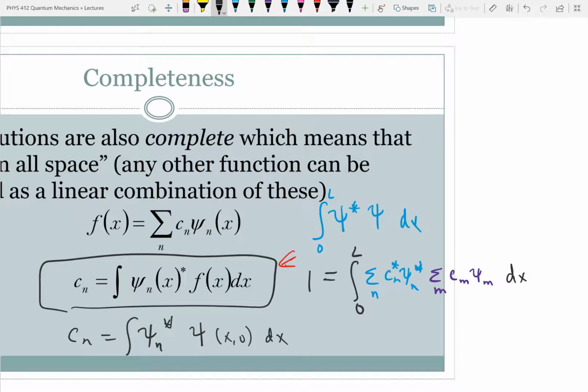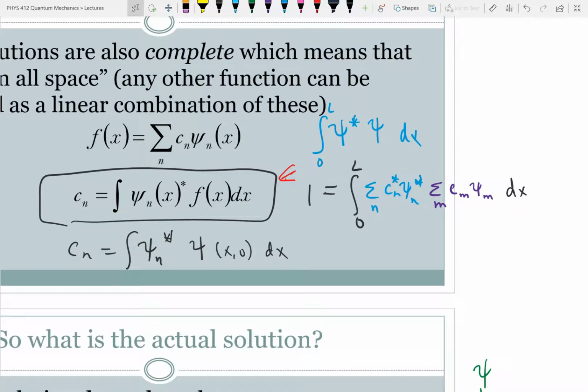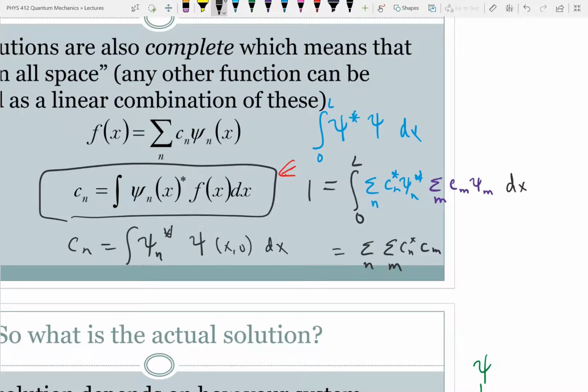But because of our orthogonality relationship, when I rearrange it like this, since n, m, and the c's are not functions of x, I can easily pull those out.